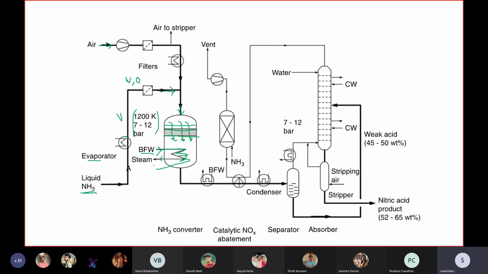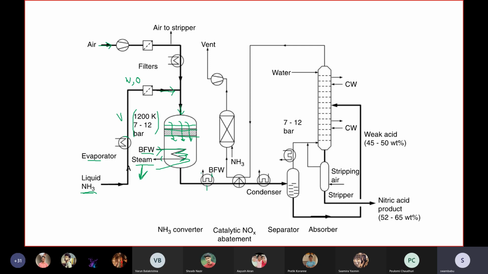This steam goes wherever energy generation or other purposes are required, because usually all these industries, ammonia and nitric acid, are connected together with refineries, so this steam will be sent to some other process. We cannot cool all the temperature at once, so once again boiler feed water is sent and converted to steam.